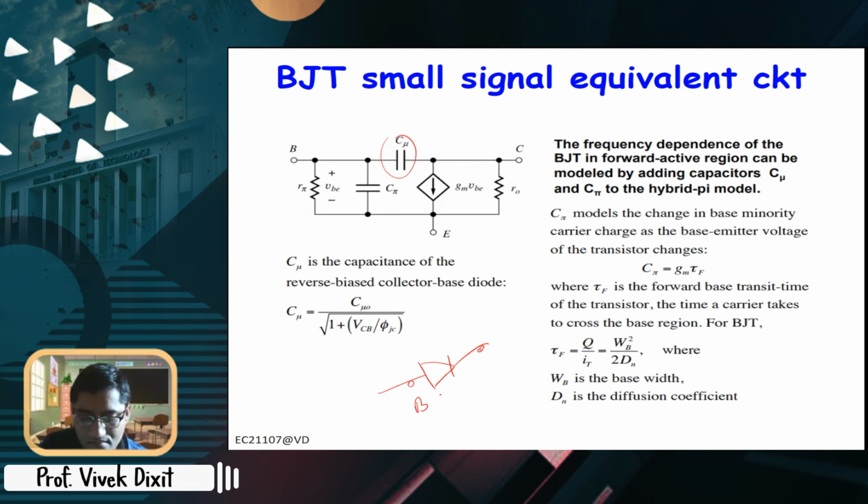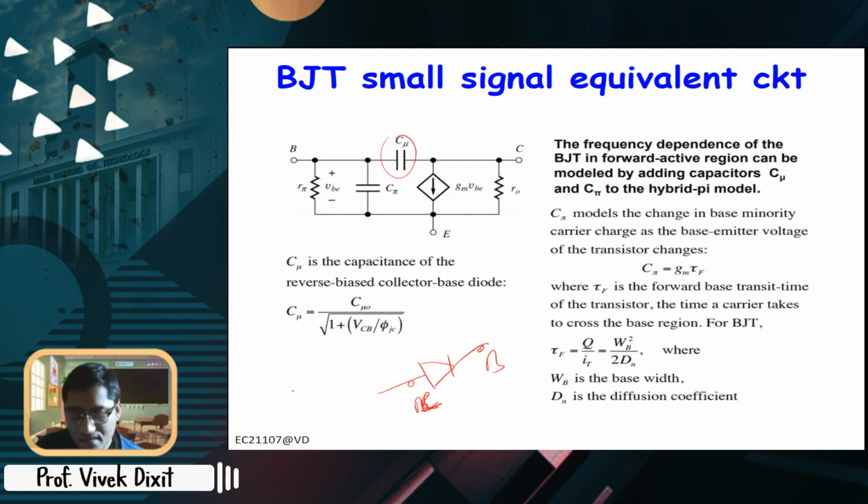Base, sorry, here we have an NPN transistor, so base will be P type. So this is base, this is collector, and base collector is especially reverse biased, so it is a junction capacitance that will play a role here.